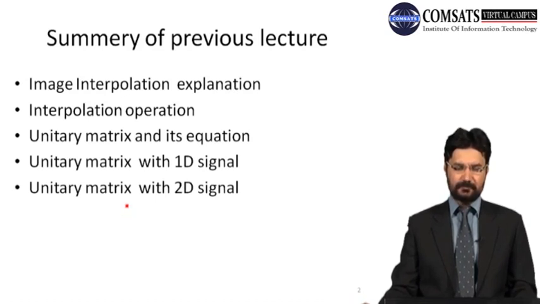After that we also learned the unitary matrix and its equation, and how to apply the unitary matrix to the one-dimensional signal and the two-dimensional signal. We will continue and use the unitary matrix in today's lecture and see how it can be performed.